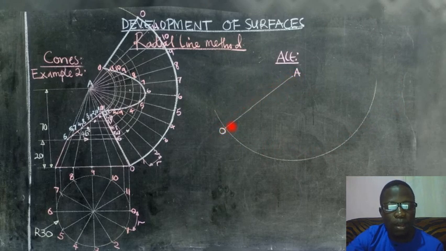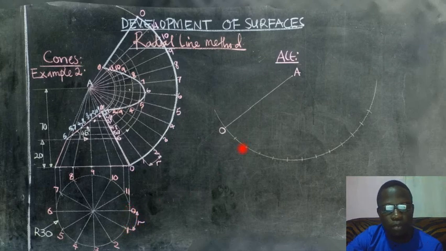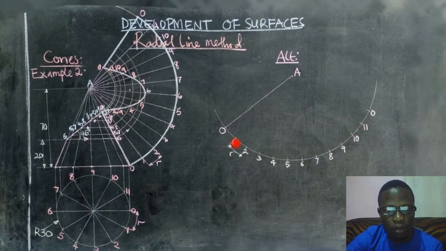Now having obtained the point 0, you get the small arc radius on the circle. You come and make these arcs on the curved surface. You make 12 of them, and when you do that, you have 0, 1, 2, 3, 4, 5, 6, 7 until 12.